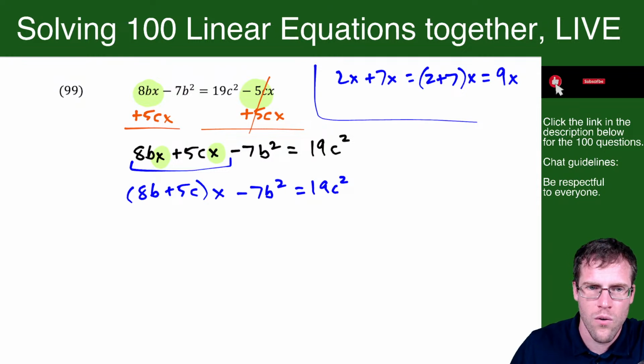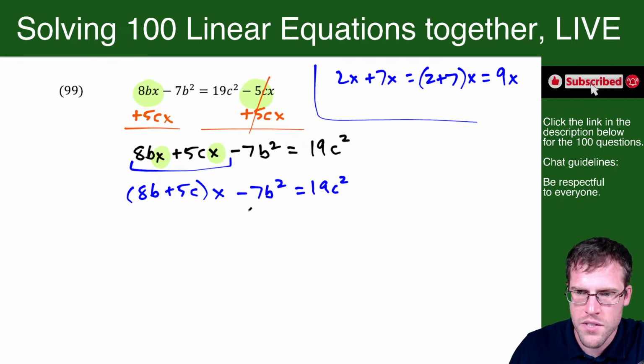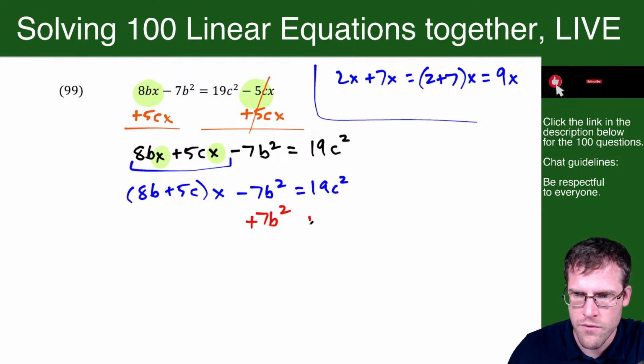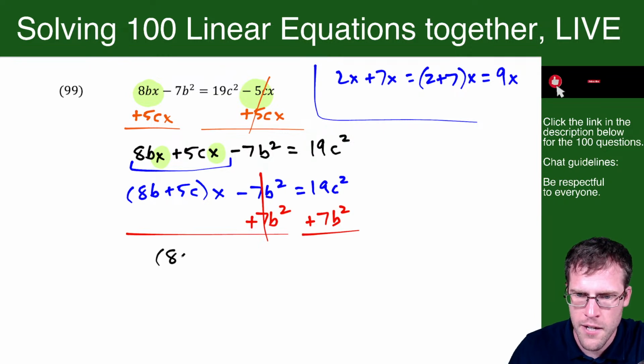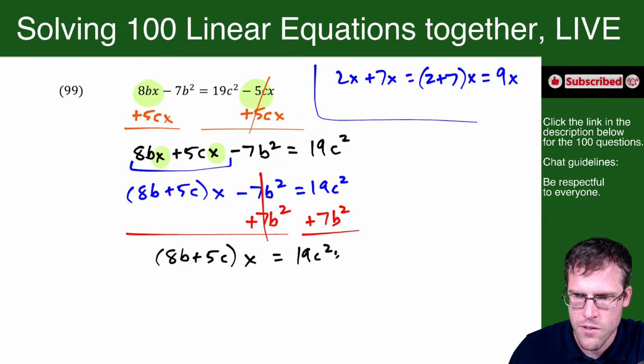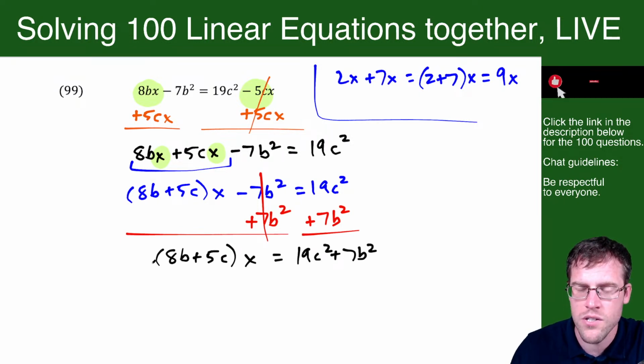So now, to solve for x, I'm going to move this out of the way. We're going to have plus 7b squared on both sides. So this will cancel out. And now we have 8b plus 5c times x equals 19c squared plus 7b squared. And now here's a dividing step.